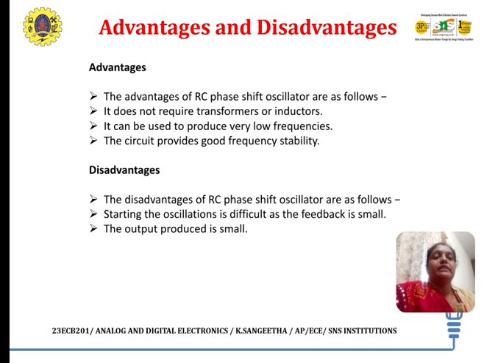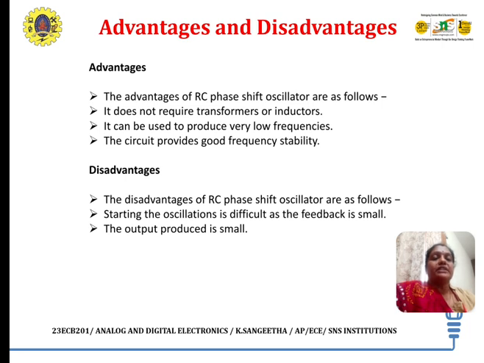The advantages and disadvantages of RC oscillators are: the main advantage is that it does not require any transformer or inductors, so it can be used to produce very low frequencies, and the circuit provides good frequency stability.